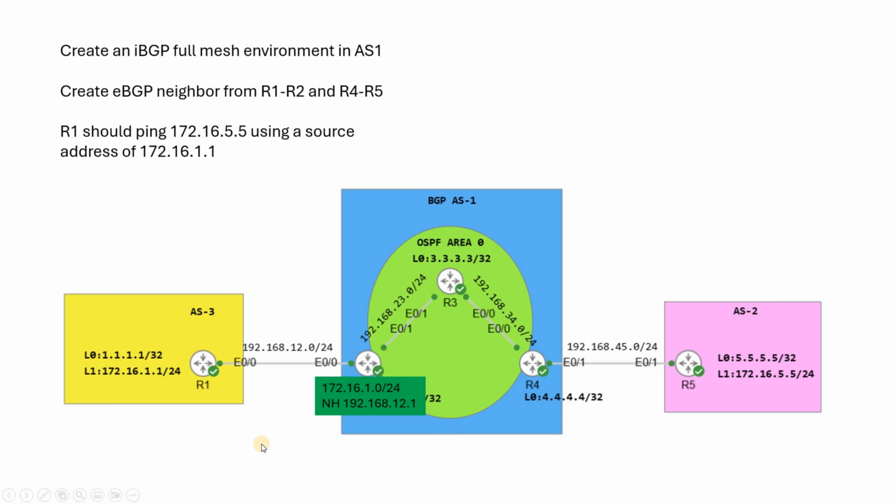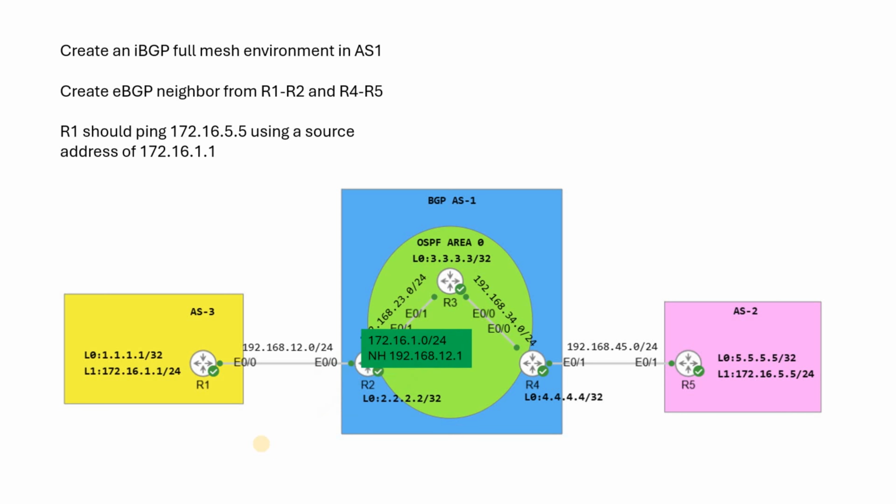So in this scenario, router 2 is going to receive an update from router 1 with the network ID of 172.16.1.0 and the next hop address of 192.168.12.1. R2 is happy to receive that, and it knows how to get to 192.168.12.1, so it'll put it in its routing table, and it'll be able to reach that address.